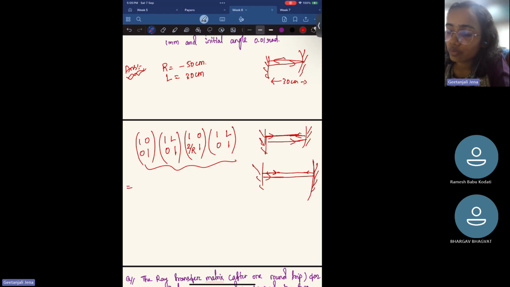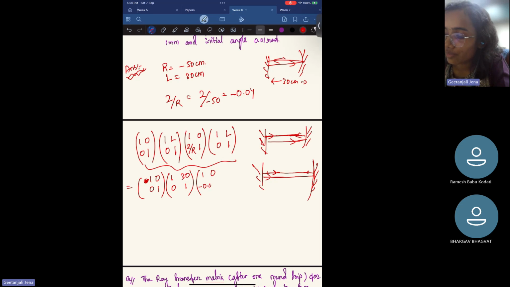So now you just have to multiply the matrices to get the value of the RTM. So let us put in the values. This is 1 0 0 1. L is 30, 0 1, 1 0, 2 by R. So 2 by R is 2 by minus 50. So this is minus 0.04.